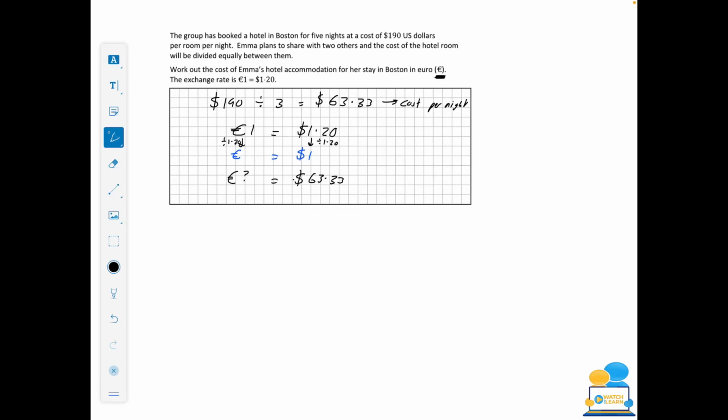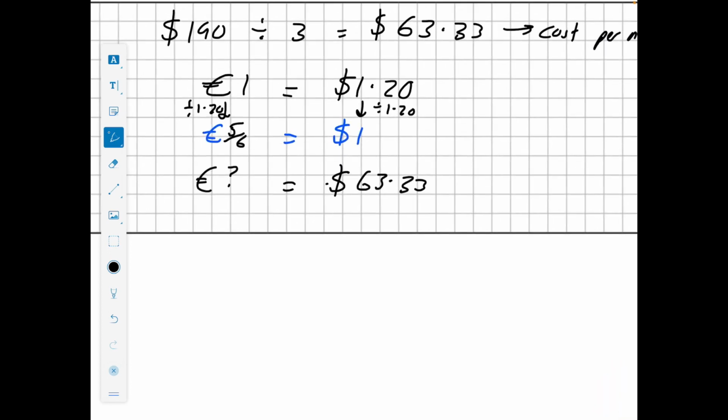Do the same thing to the other side. So 1 divided by 1.2 will give me 5/6. You could change that to a decimal if you want, but we'll leave it as a fraction. So 5/6 of a euro is $1. So now to go from $1 to 63.33, you'll multiply by 63.33.